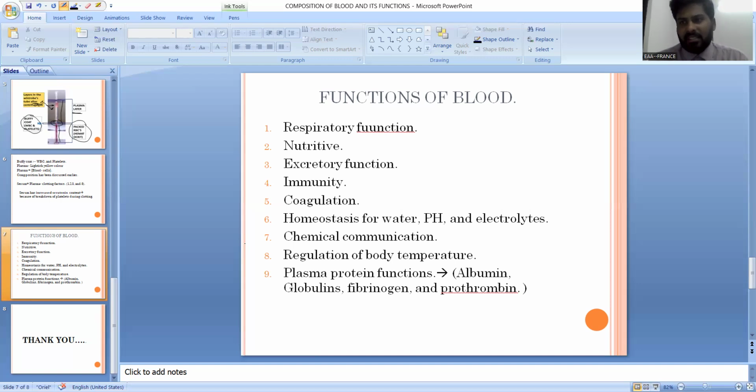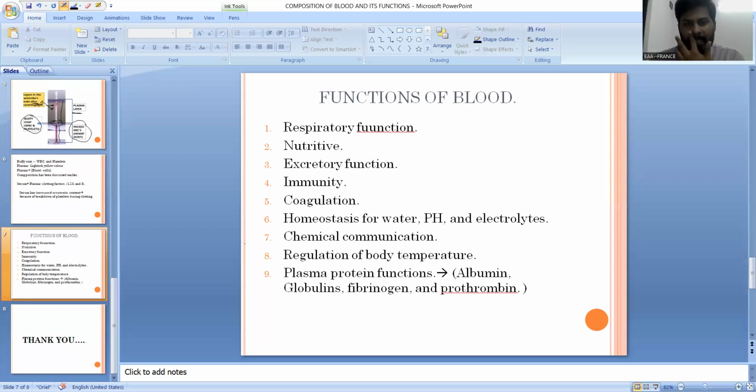As we all know, it has the clotting factors, and also the platelets, which help in the formation of the platelet plug. So in this way, blood helps in coagulation as well, and homeostasis. That is nothing but milieu interior, maintaining the constant internal environment. This blood also plays an important role in maintaining pH, electrolyte, and water balance in the body.